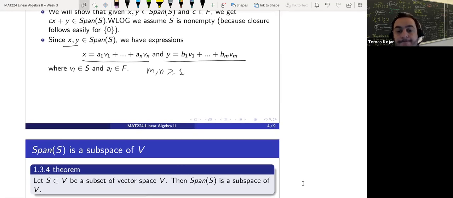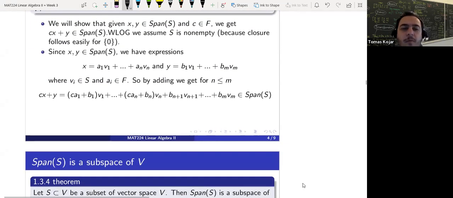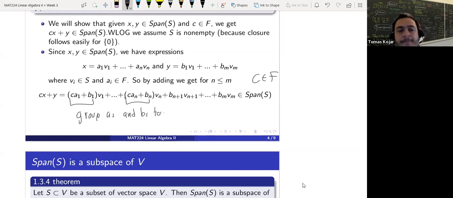So if one is bigger than the other, and you take c from the field, you have this grouping, where you group the a's and b's together, and you're left with the extra b coefficients.